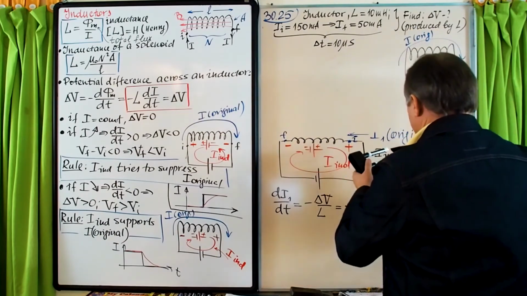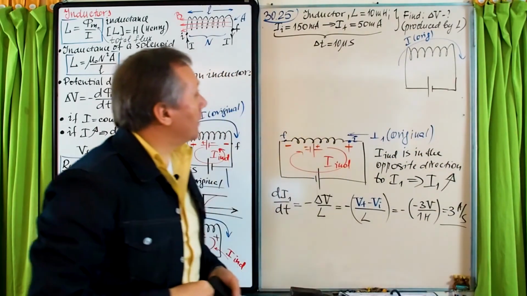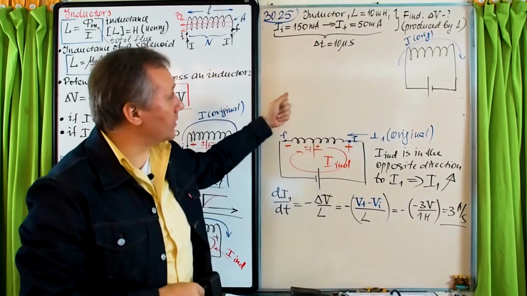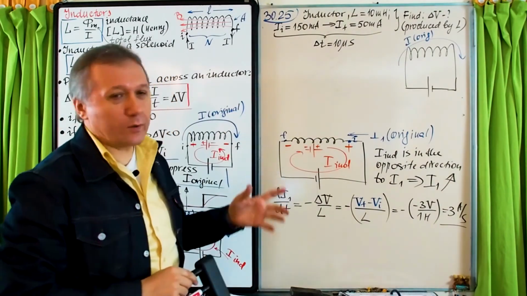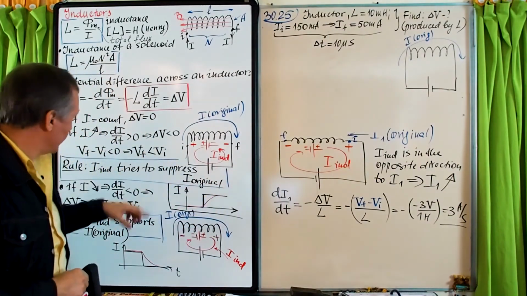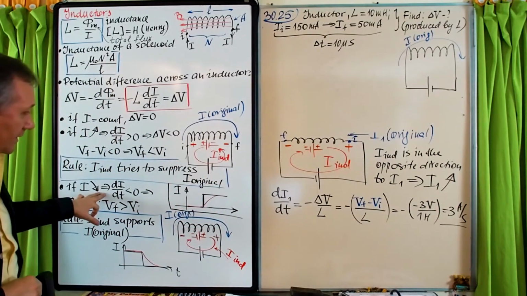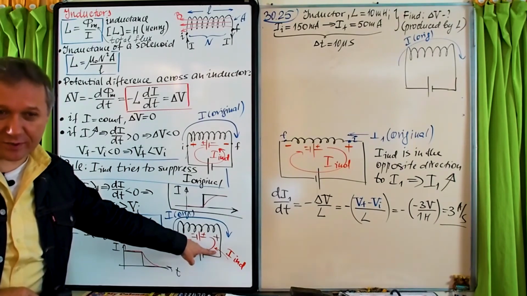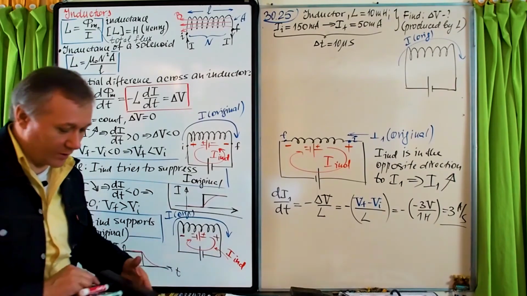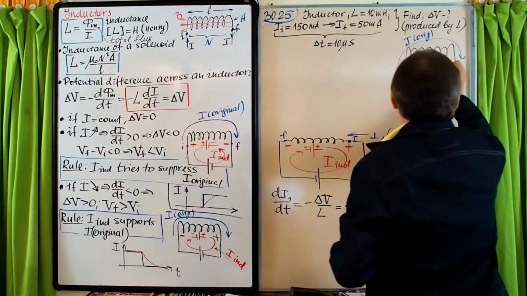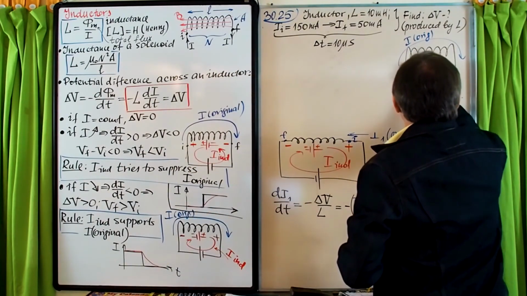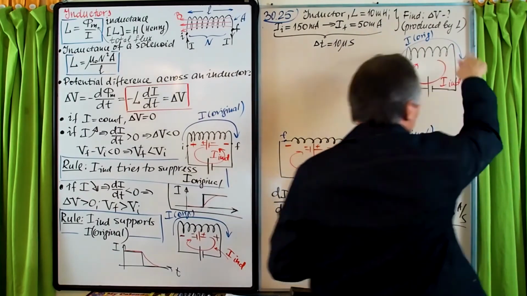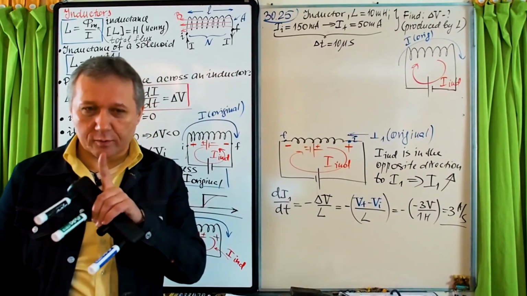And this time we know information about what happens to the current, right? So now if current is dying, where is our analysis? Current is dying, so it means that induced current must be in the same direction as the original current. So induced current must flow this way. So this should be I induced. You see, both cases clockwise.